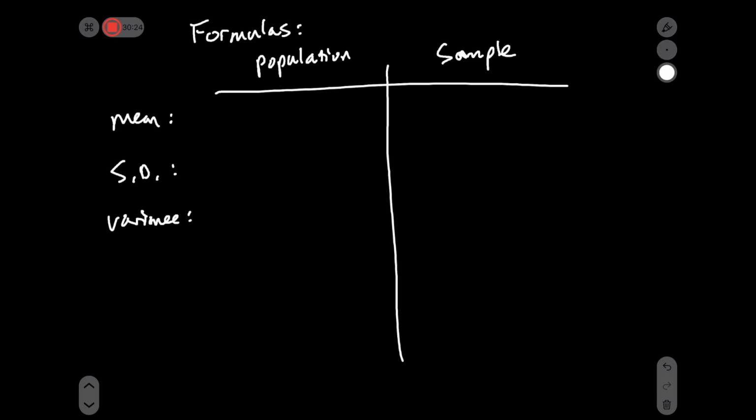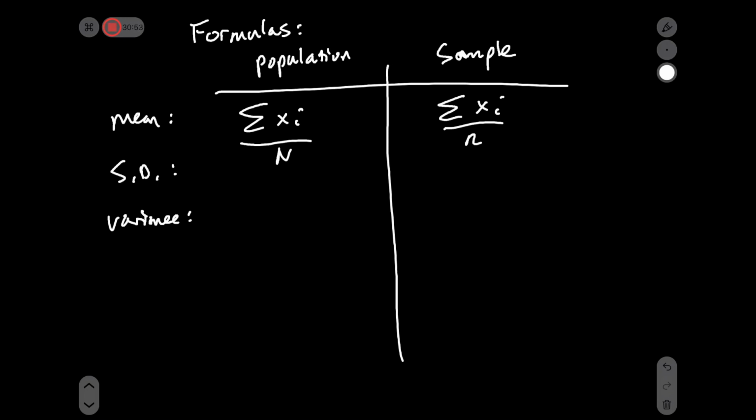So the first is calculated as the sum of all of our values divided by the total population size. Or in the case of the sample mean, this is the sum of all of our observations divided by the sample total. Okay. Or the number of observations in our sample.